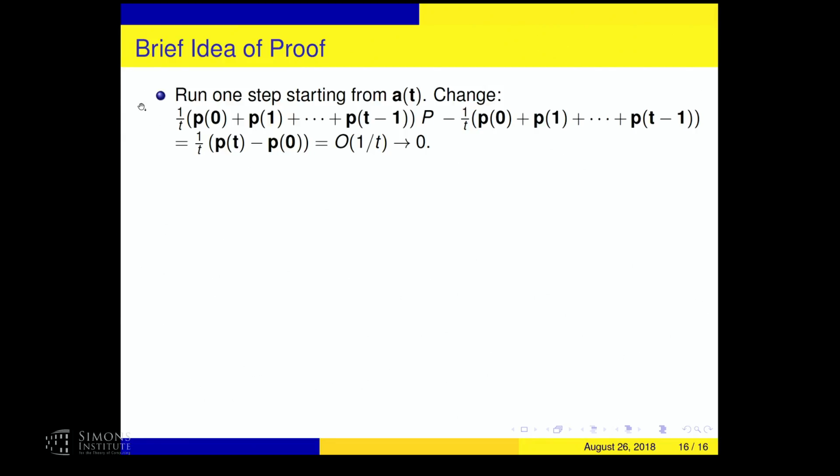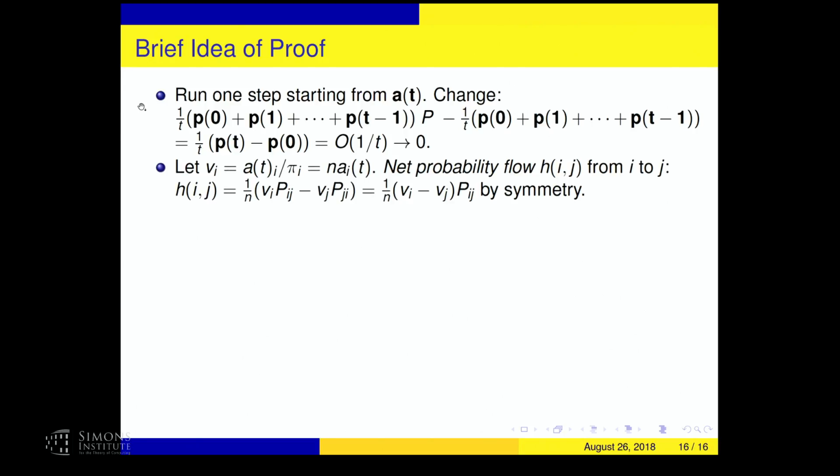All terms cancel out, because P0 times P is P1, P1 times P is P2, and so on. They all cancel except the first and last, and that converges to 0. So the crucial argument is that this converges to 0. That's going to be the key argument.